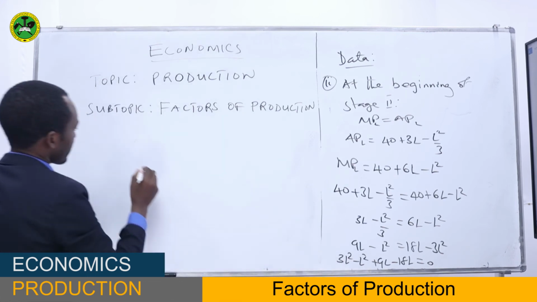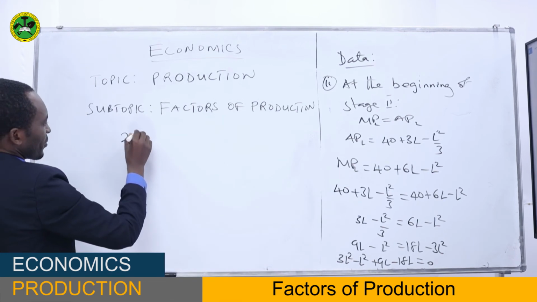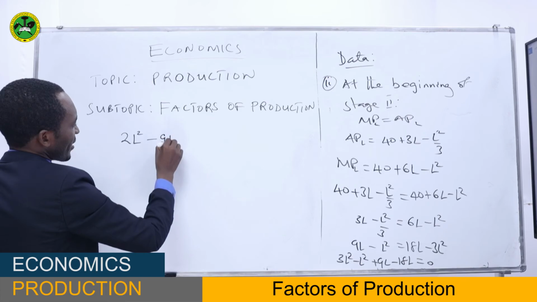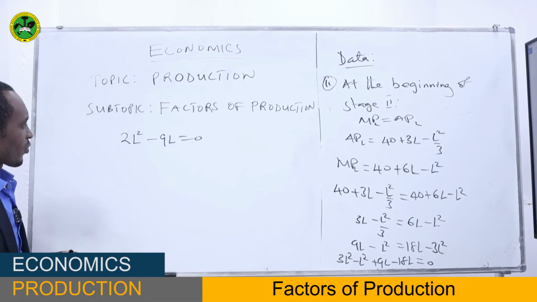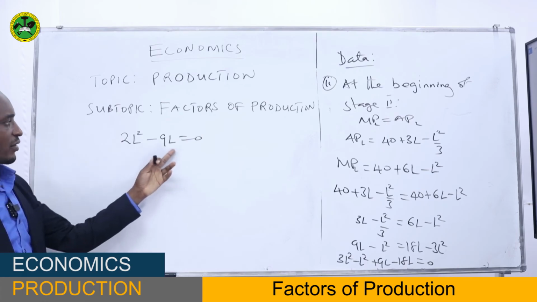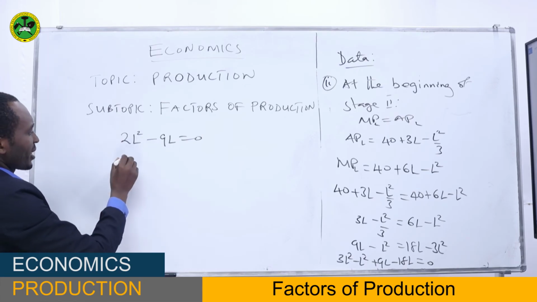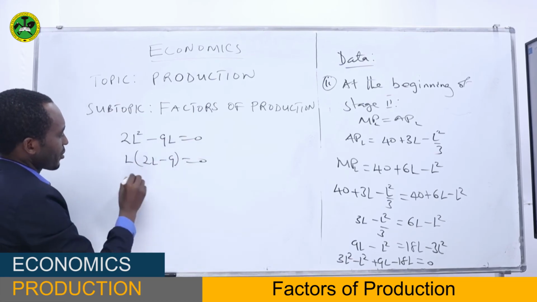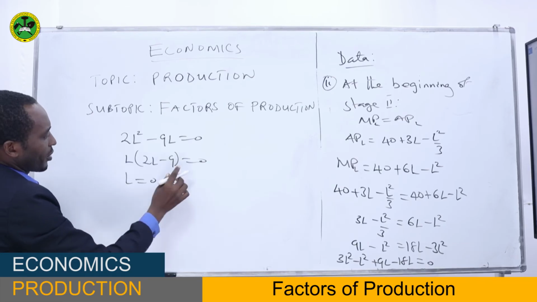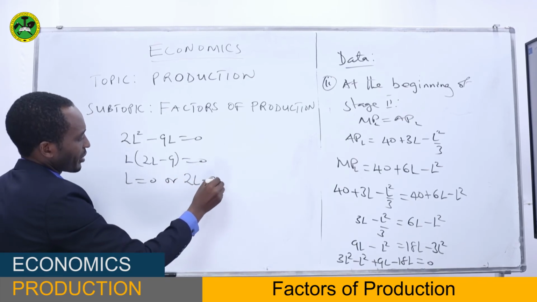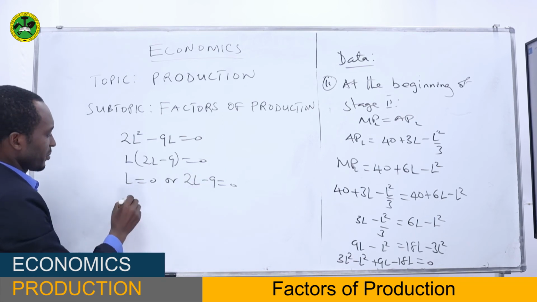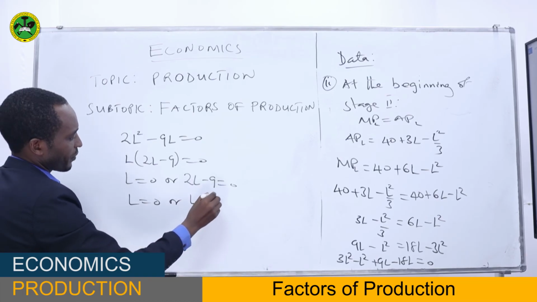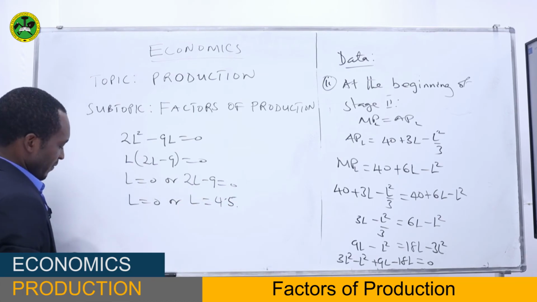So here when you subtract, it will be 2L square minus 9L equals 0. So you can solve by factorization. You factor out L. Here we remain with 2L minus 9 equals 0. So L will be equal to 0, or 2L minus 9 will be equal to 0. So L equals 0, or L equals 4.5.